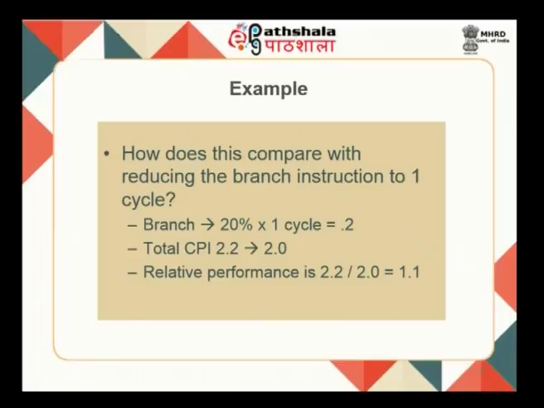The total CPI now reduces from 2.2 to 2.0 and the relative performance is 1.1. So, as you bring in enhancements to each of these units, the CPI value reduces because the number of clock cycles that each of these classes of instructions take reduces, and once the effective CPI reduces, you definitely will have an improvement in performance.